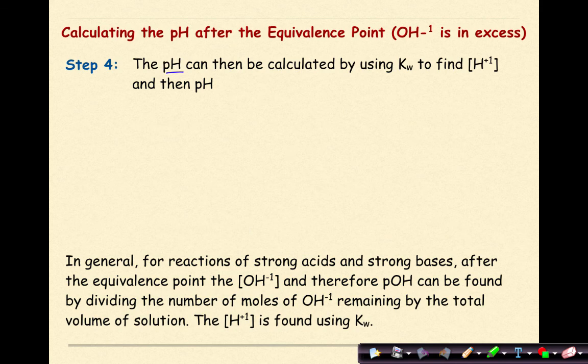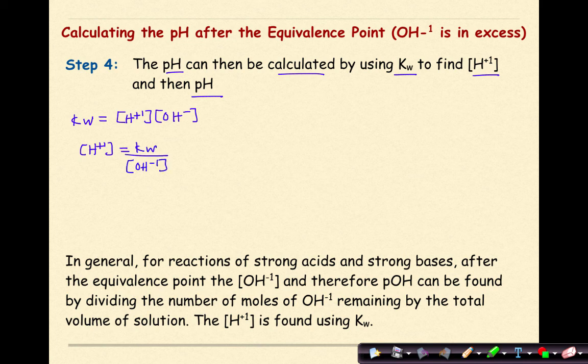Step 4. The pH can then be calculated by using Kw to find hydrogen ion concentration and then pH. So we know that Kw is equal to hydrogen ion concentration times hydroxide ion concentration. So to find hydrogen ion concentration, we're going to take Kw and divide it by our molarity of hydroxide ions.